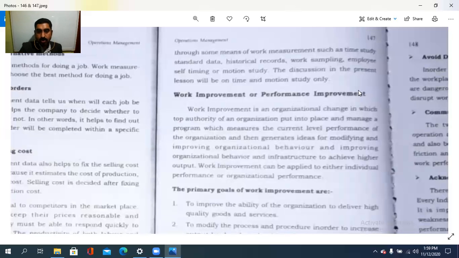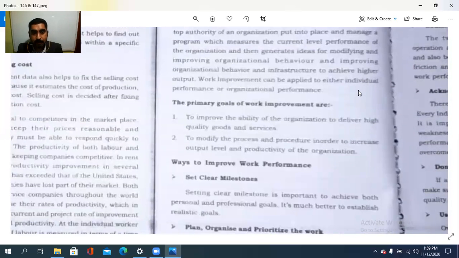So the primary goals of work improvement are to improve the ability of the organization to deliver high quality goods and services, improving the quality of the items produced. For that, this work improvement or performance improvement needs to be undertaken. Then, second, to modify the process and procedures in order to increase the output level and productivity of the organization.